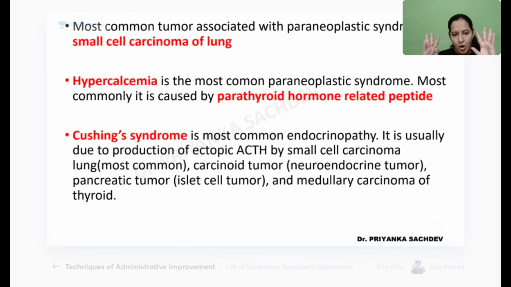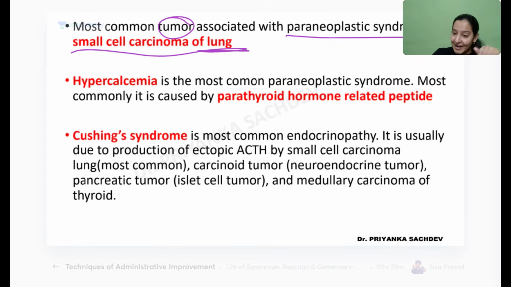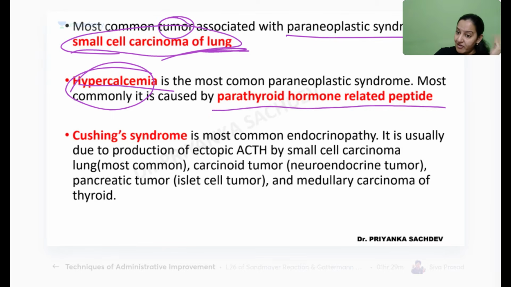You know the classification. Among all these, the most common tumor which presents with paraneoplastic syndrome is small cell carcinoma of the lung, where the patient comes more with the paraneoplastic syndrome than the main complaint. Among all paraneoplastic syndromes, the most common is hypercalcemia, because of release of parathormone-like substance.